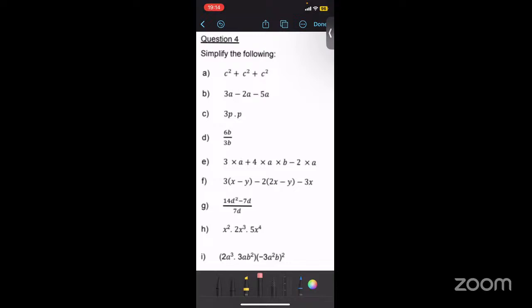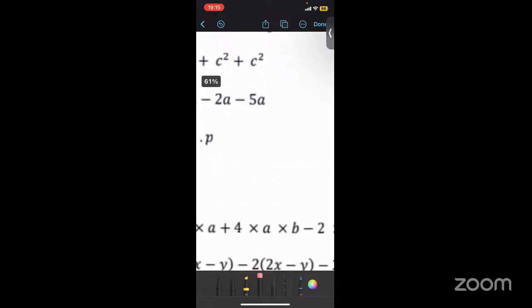So in this case, we have the same letter, which is A, and remember, invisible to the power of 1, which is the same as the letter itself. So you're just gonna add the 3, and then you minus the 2 and minus the 5, okay? So it's just gonna be 3 minus 5 minus 2. And then you're gonna be left with the letter A.